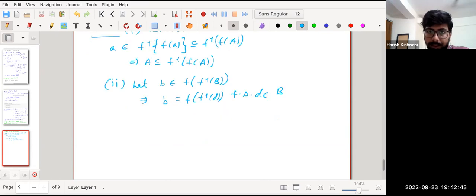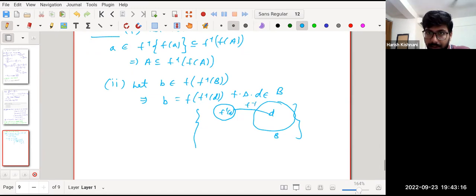So see what's happening here. You have some d inside your b, right? This is your b. You are looking at all inverses of it. This is f inverse of d, and then you are applying f over it. So where will it go?